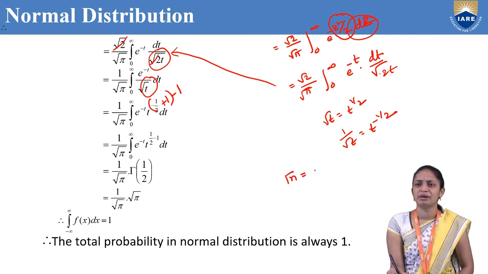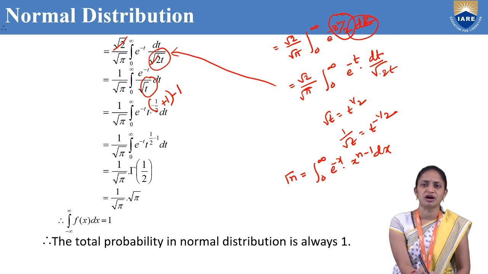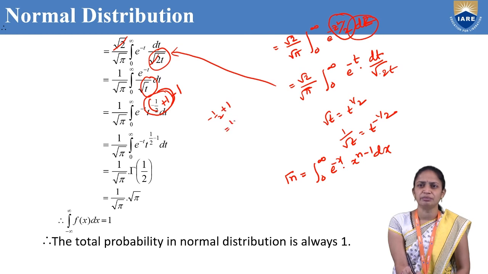We know that gamma n equal to the integration over 0 to infinity of e power minus x into x power n minus 1 dx. So after simplification, 1 by root pi integration over 0 to infinity e power minus t, simplifying only this part: minus 1 by 2 plus 1 will be 1 by 2.